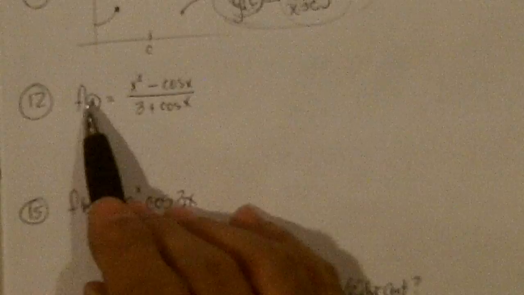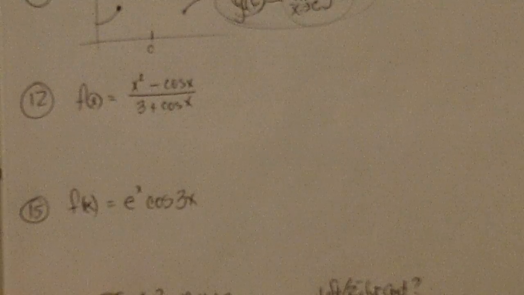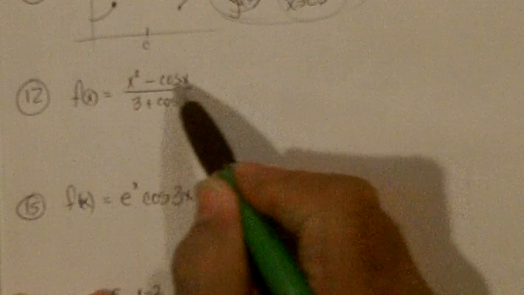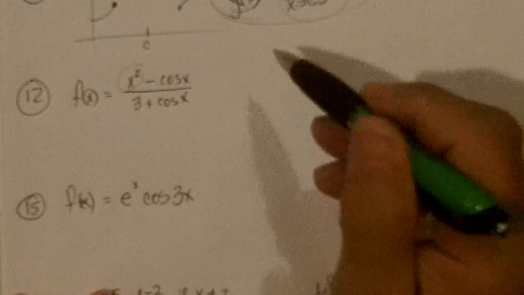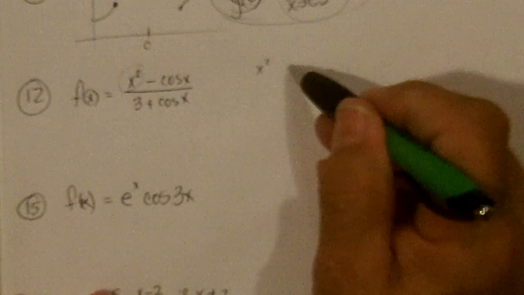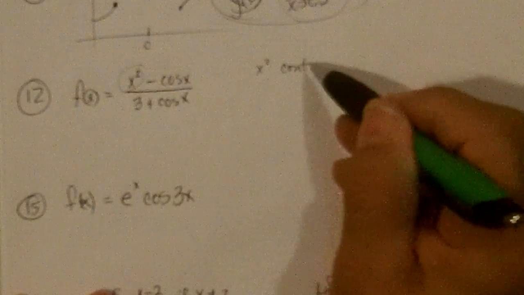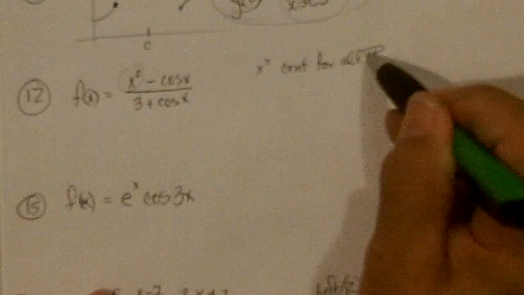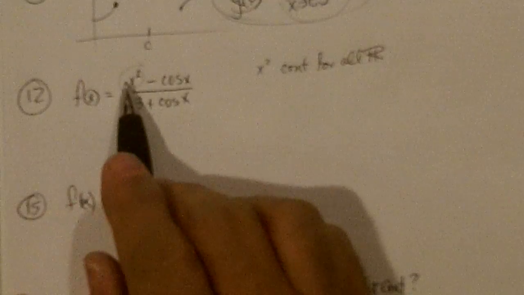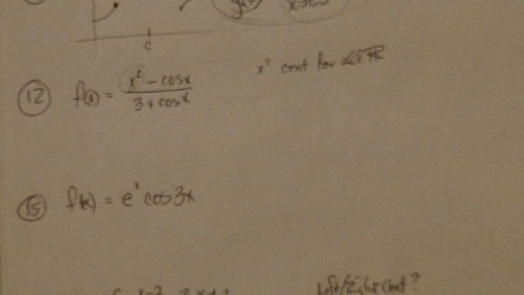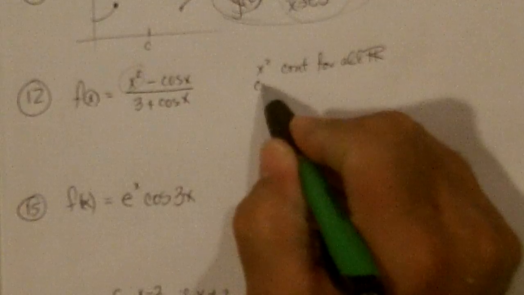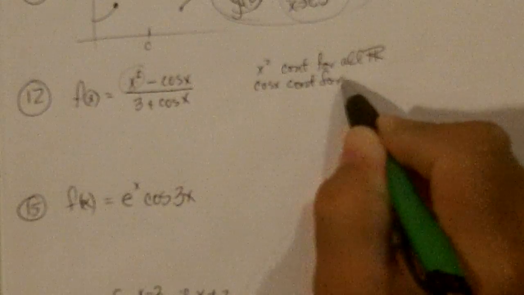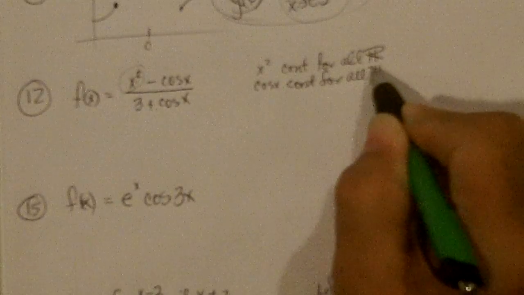Number 12, they want us to argue that this one is continuous using our continuity rules. Well, the idea behind that is we know that x squared is continuous for all reals. The whole number line, there's an x squared and it's continuous. We also know that cosine x is continuous for all real numbers.